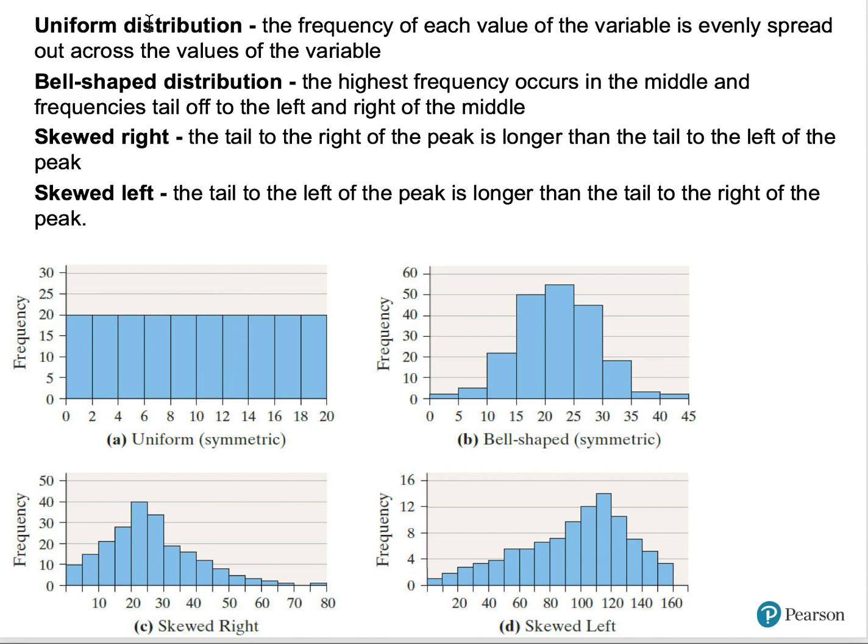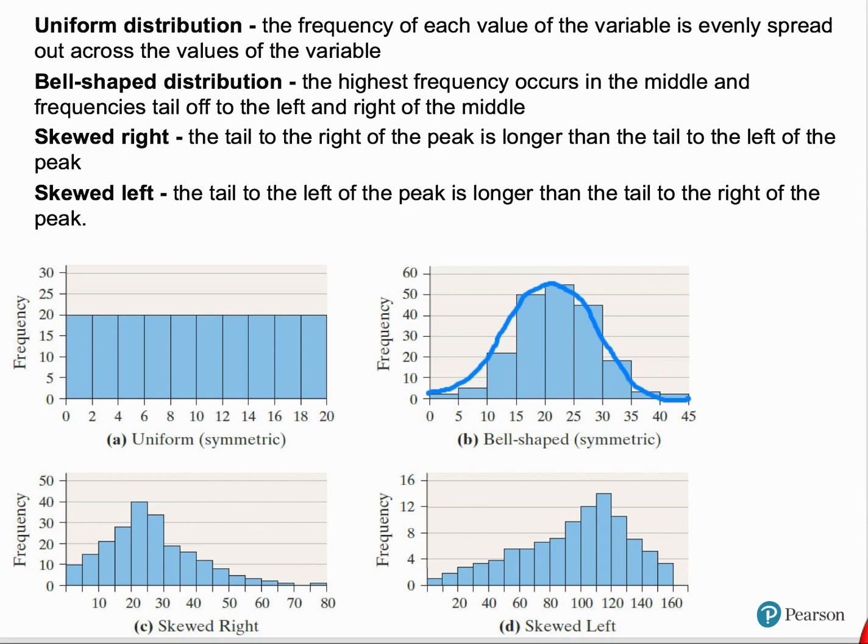Okay, we call it a uniform distribution when the frequency of each value of the variable is evenly spread out across the values. So look, this is evenly spread out all the way across. This one is bell-shaped, and they call it bell-shaped because if we drew a line connecting the middle of those, we get this bell, right?